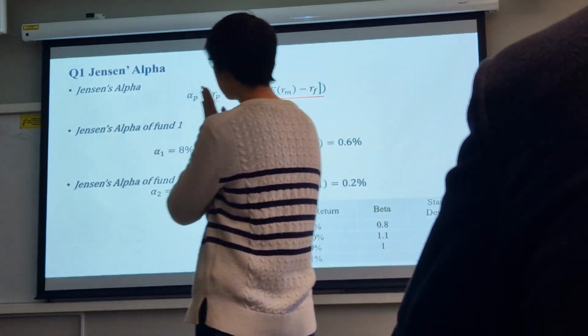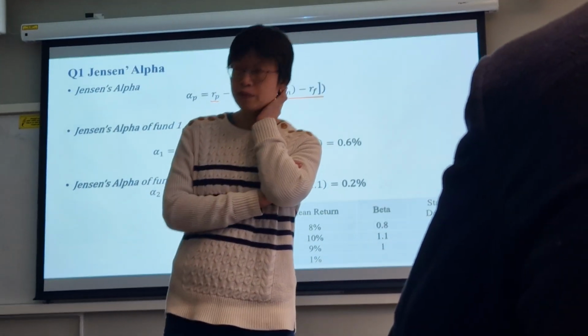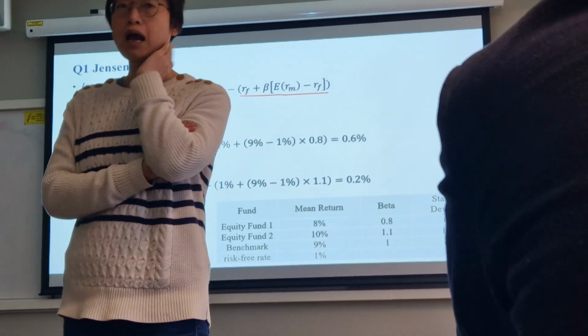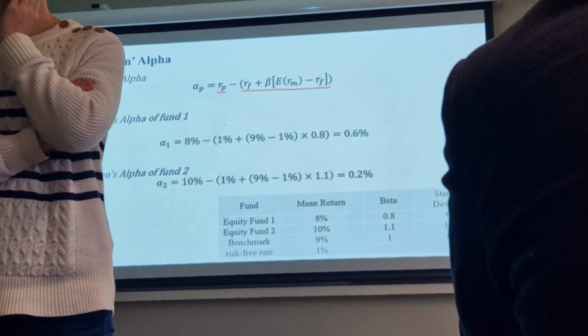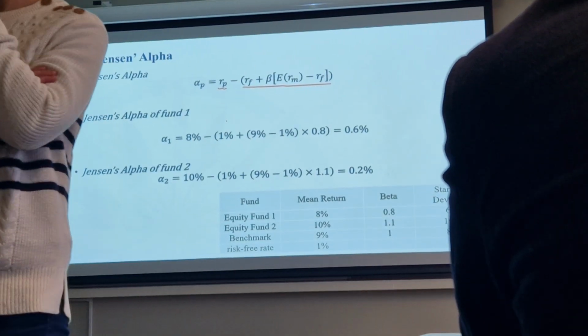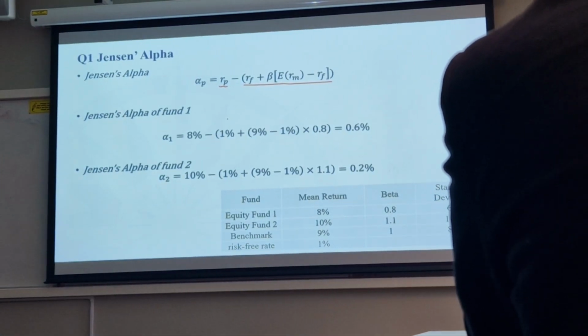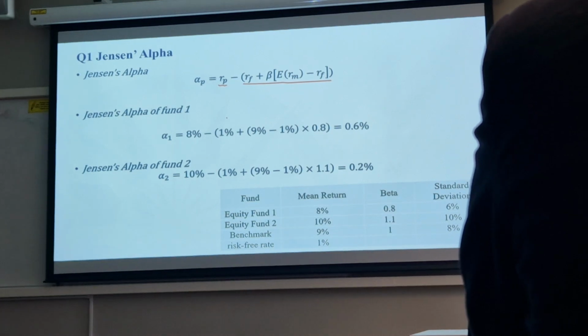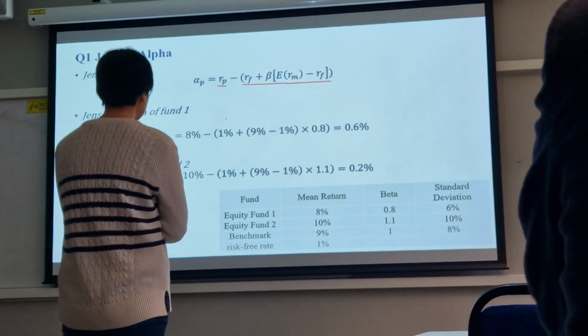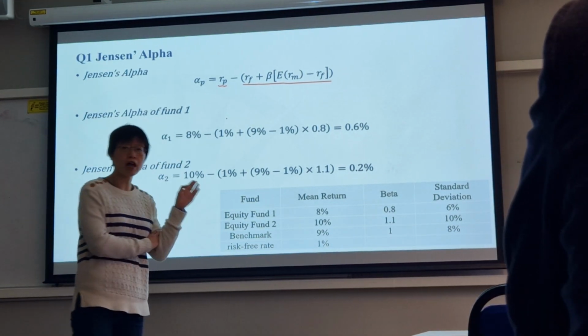Okay, the ETF one, right? The first ETF performs better because its alpha is higher than that of ETF 2, and it is better than the market, right? Normally we expect a positive abnormal return.